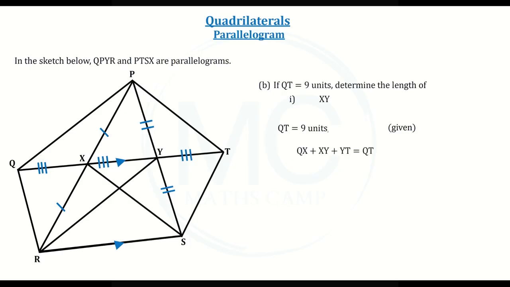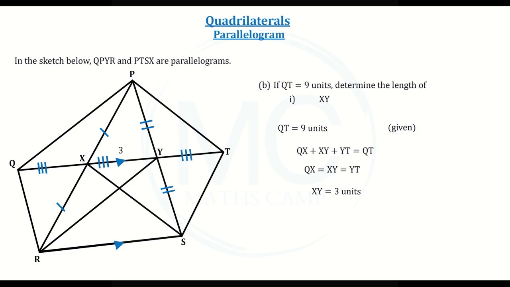But we've also just proven that QX is the same length as XY, which is the same length as YT. This means that QT can be broken up into 3 equal parts. So if QT is 9 units long, 9 divided by 3 is 3. So XY must be 3 units long. Let's put a 3 on our diagram for the length of XY.